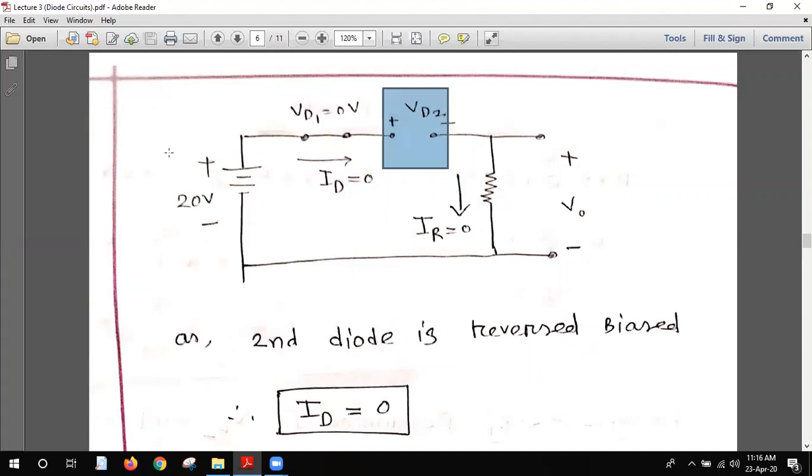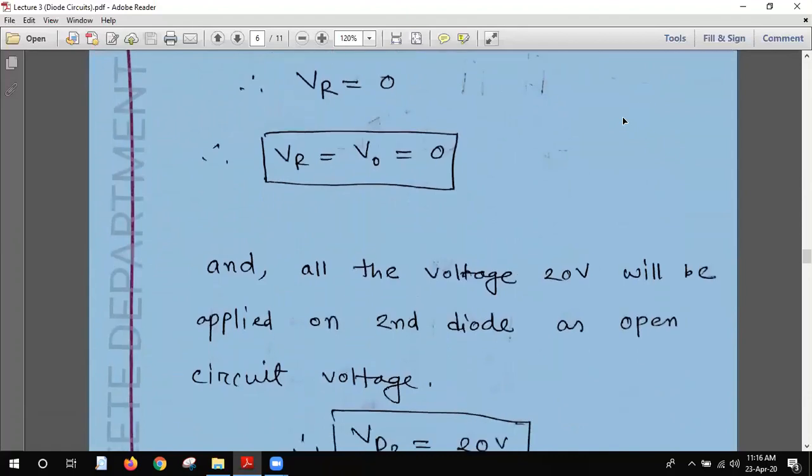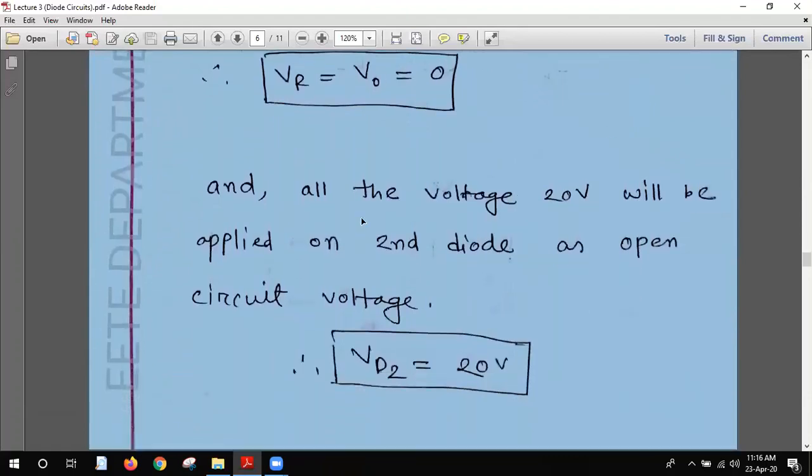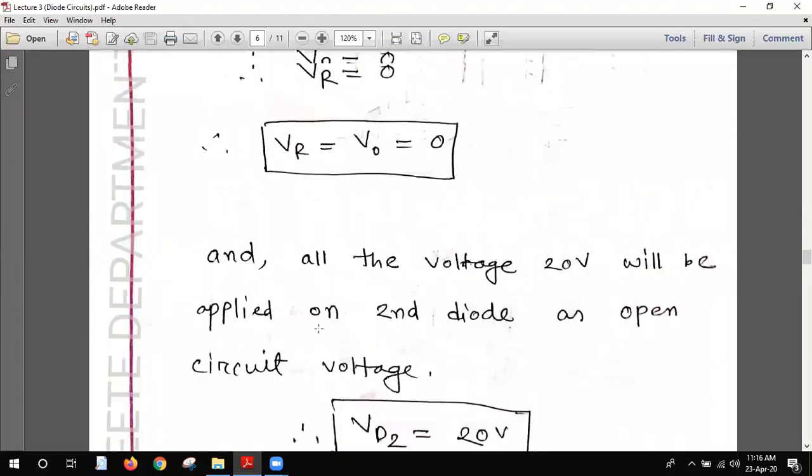That's why the whole 20 volts will be applied across this open circuit terminal. It is said that all the 20 volts will be applied on the second diode as open circuit voltage. So VD2 will be equal to 20 volts.